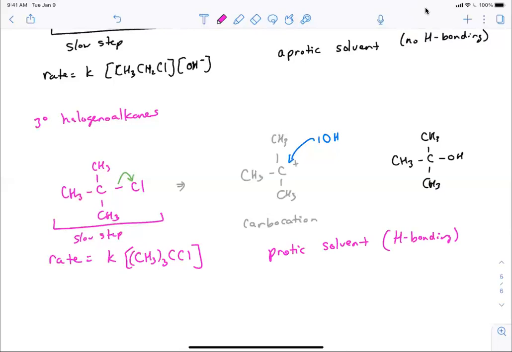Because the hydrogen bonding helps stabilize the carbocation. The protic solvent, like water, will surround the carbocation and stabilize it until the OH breaks through and creates that bond with that carbon. It also makes it easier for the Cl to break off as well.